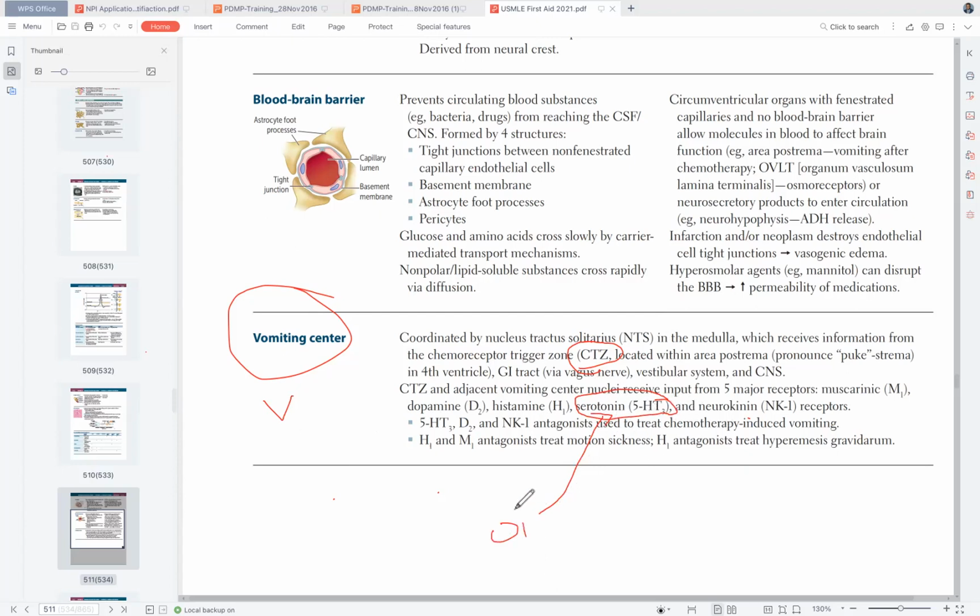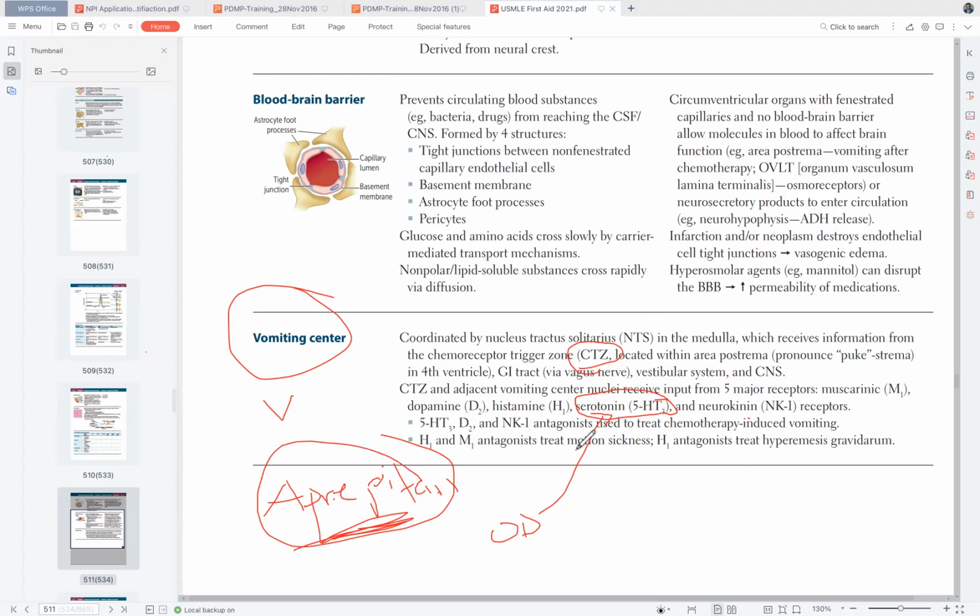Now if you are giving ondansetron and it's not working, what would you give? I think it's called aprepitant or something. If you are giving ondansetron and it's not working, you want to go for this.